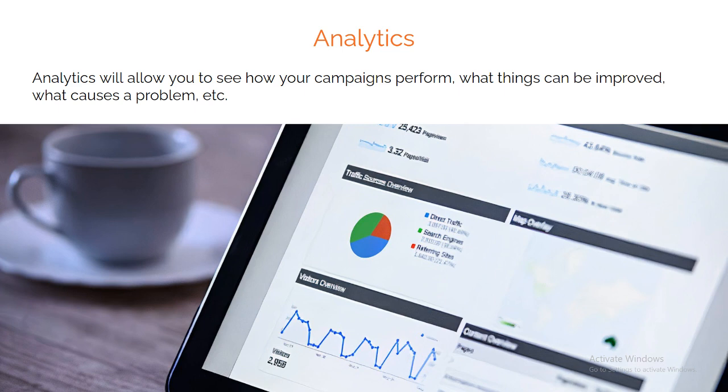Next is analytics. So analytics, I think this is self-explanatory. Analytics platforms like Google Analytics and others will allow you to see how your campaigns perform, what things can be improved, what causes a problem, for example, in a campaign, and all of that stuff, right? So I assume that everybody knows of Google Analytics, but there are a ton of other analytics platforms that you will be using throughout your marketing campaigns.